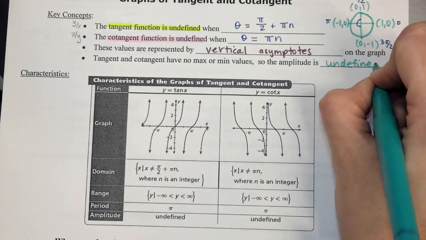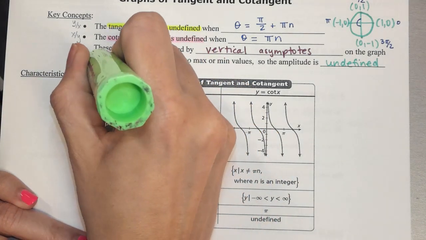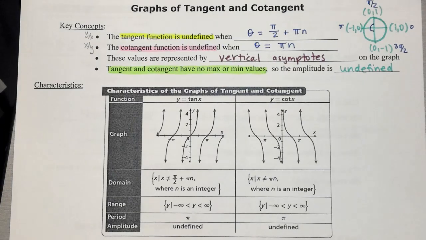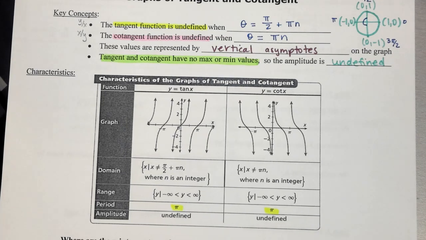So that is one difference. Was there anything else in the information box that you may have noticed that's different? Yes, good. So for tangent and cotangent, your period is pi. And for sine and cosine, what was the period? 2 pi. Okay, great. So what that means is you repeat the cycle every pi units.